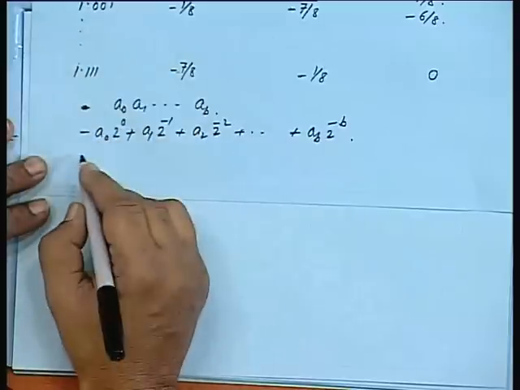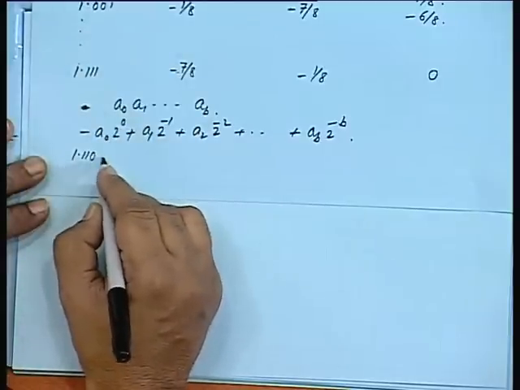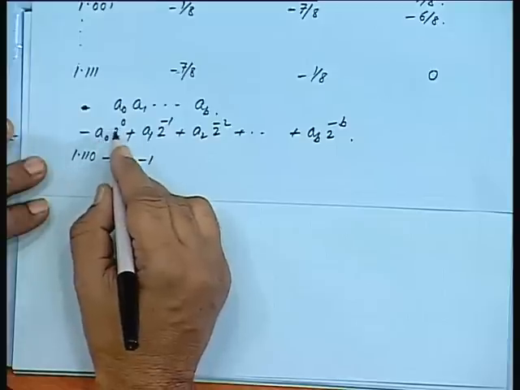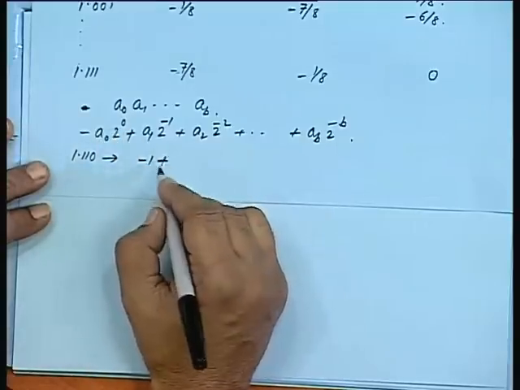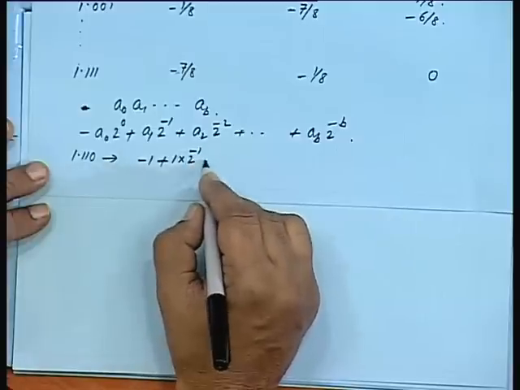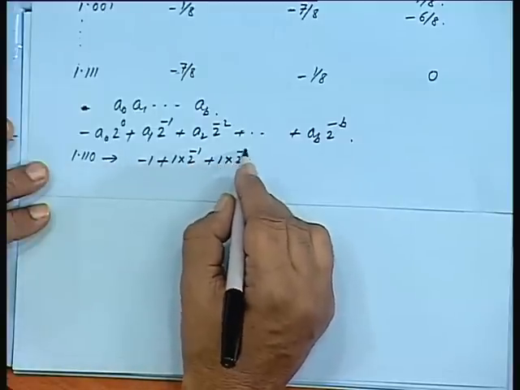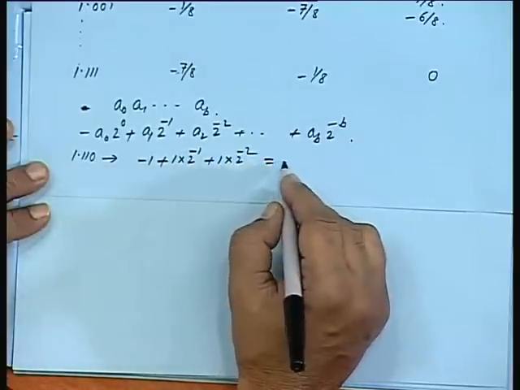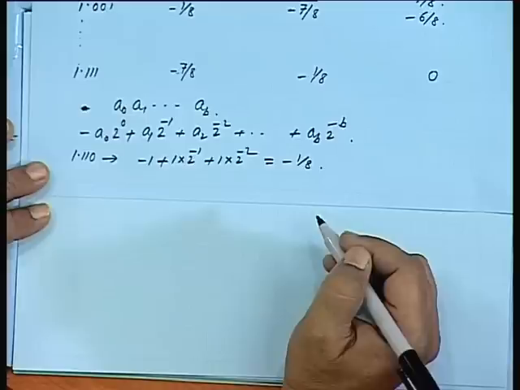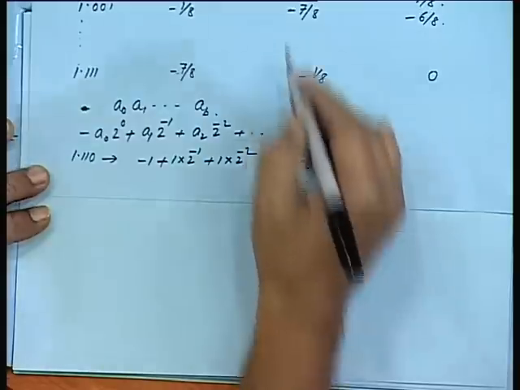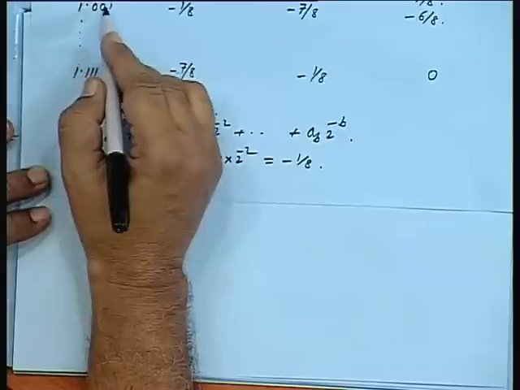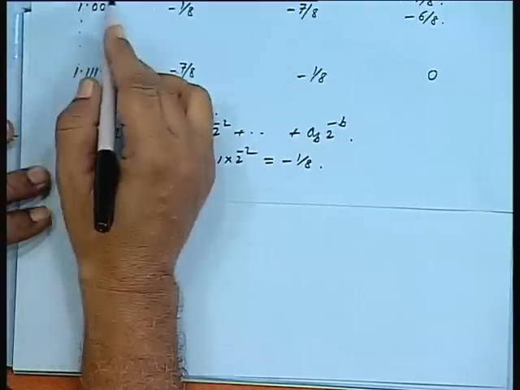So, for example, 1.110 will be minus 1, 2 to the power 0 means always 1, plus a1 is 1 into 2 to the power minus 1 plus 1 into 2 to the power minus 2. So, that gives me minus 1 by 8. Okay. After this it will appear somewhere in between.